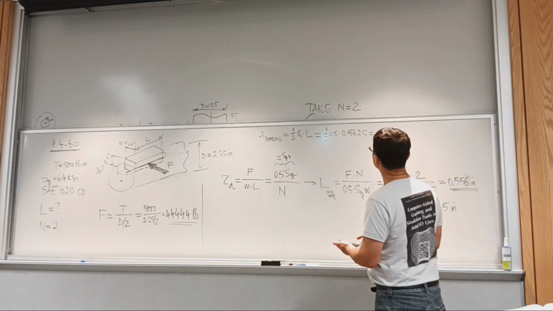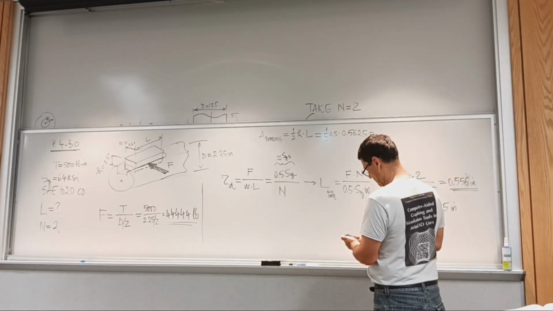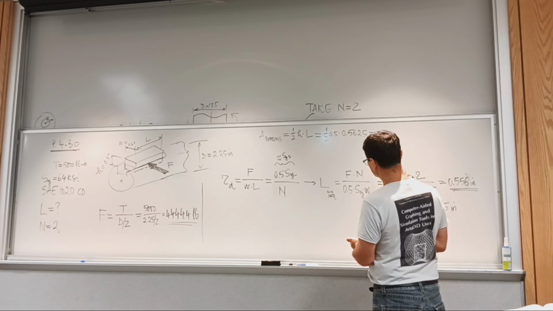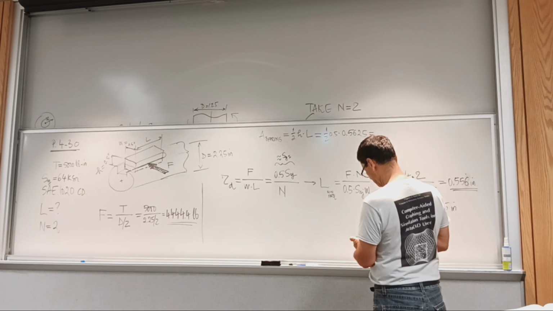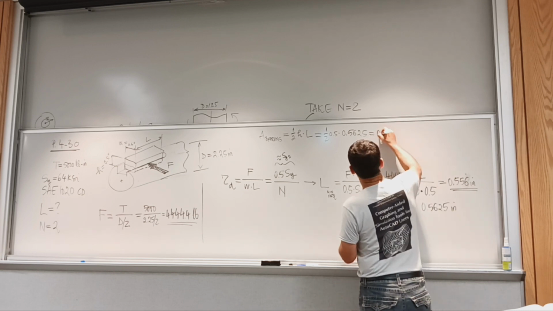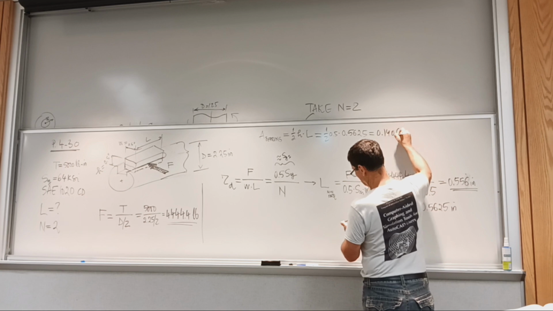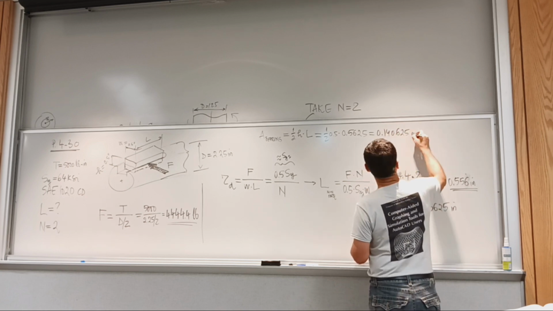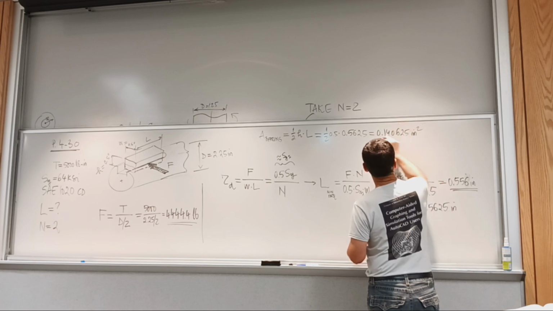So 0.5 times 0.5 times 0.5625 equals 1.140625. Maybe I should put it in the memory. Too many decimal inches squared.